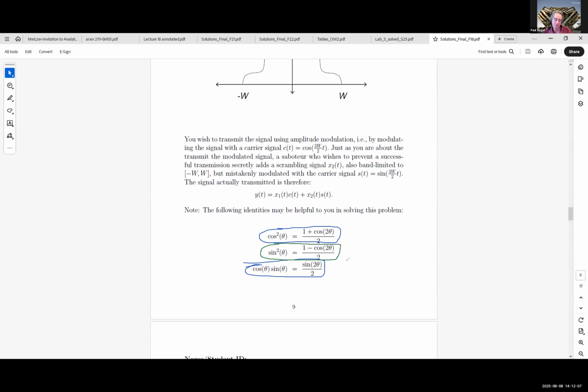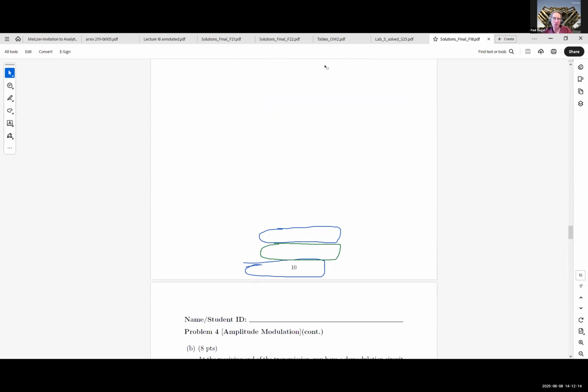sine squared. And that's the one that gets used in answering the last part of the problem, because it asks you, how could you recover the sine portion? Before I move it, let me go back.